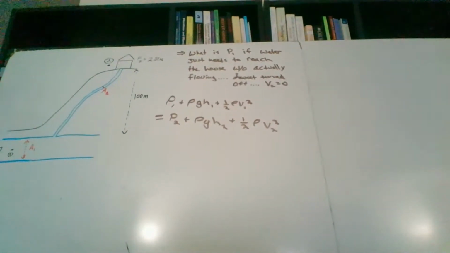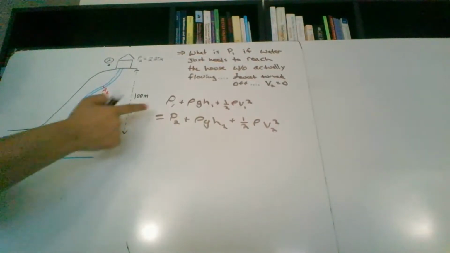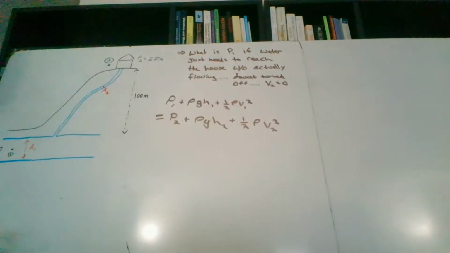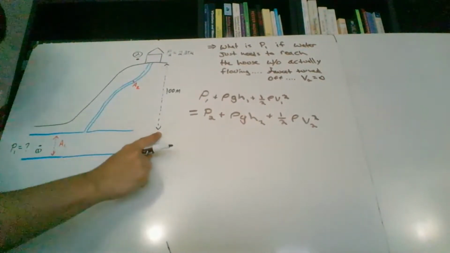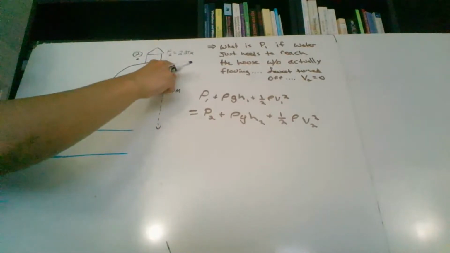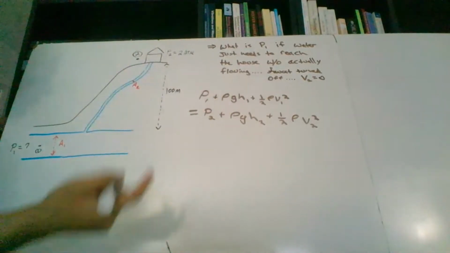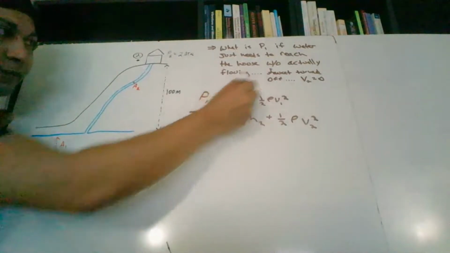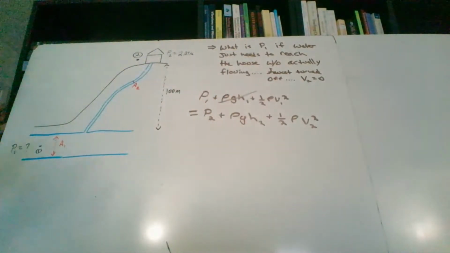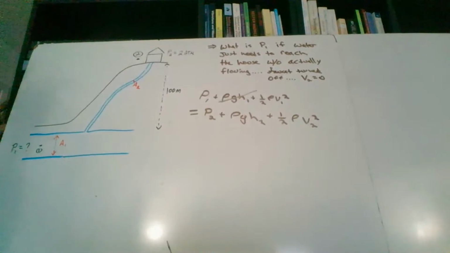Okay, so that's what we have here. We're trying to find what pressure 1 is. In our diagram here, if we call h1 0, then h2 would be 100 meters. So let's define h1 as the starting base, and we get rid of h1. Okay, so far so good.